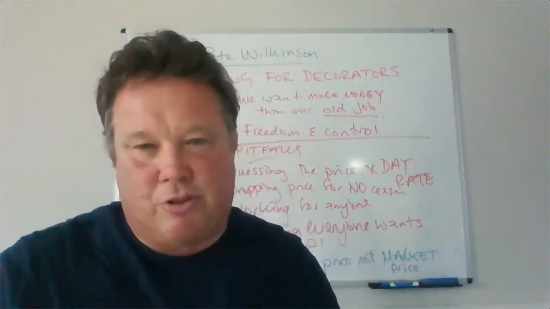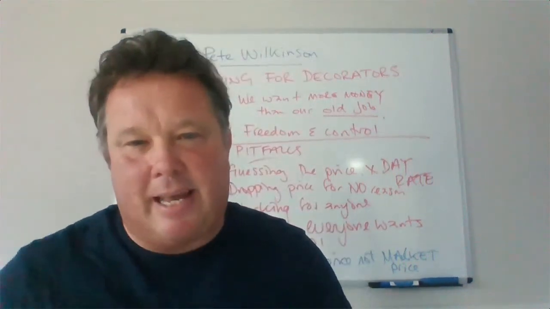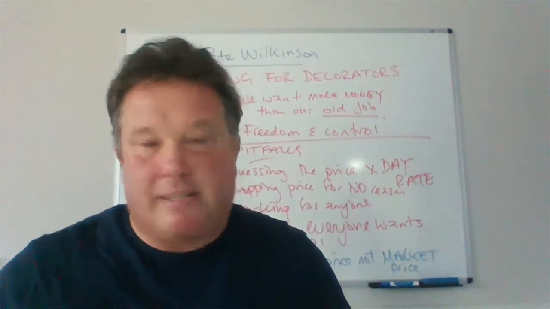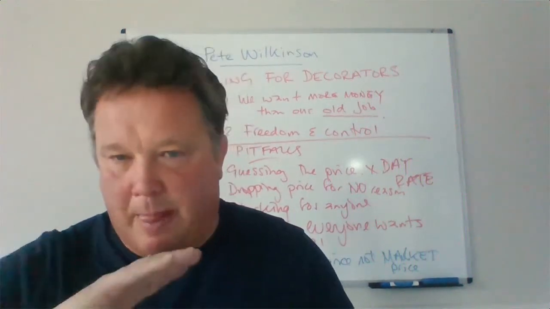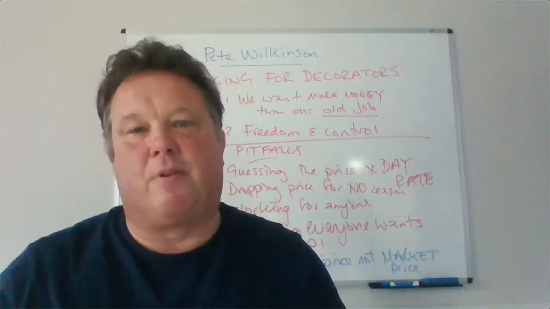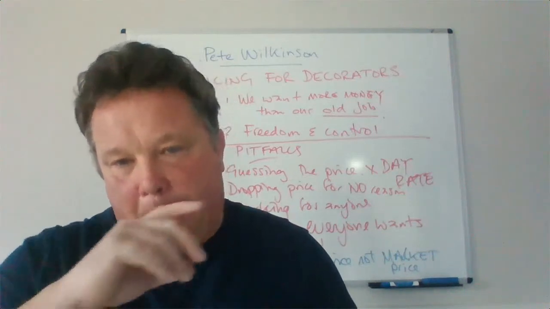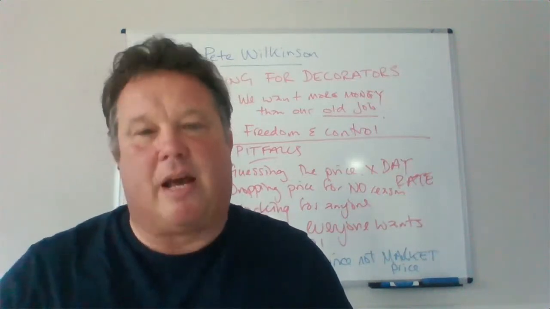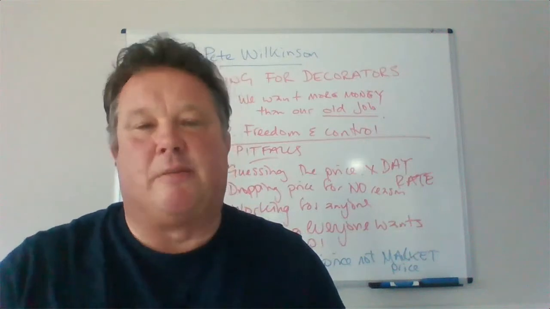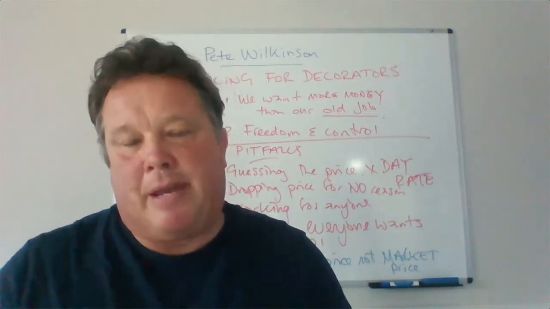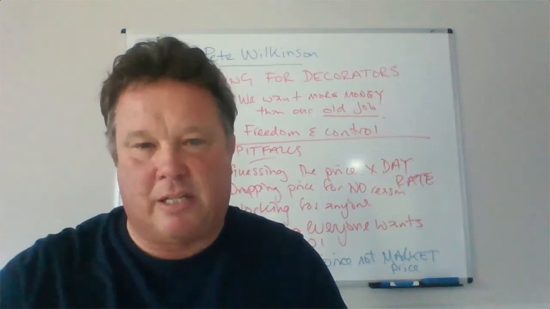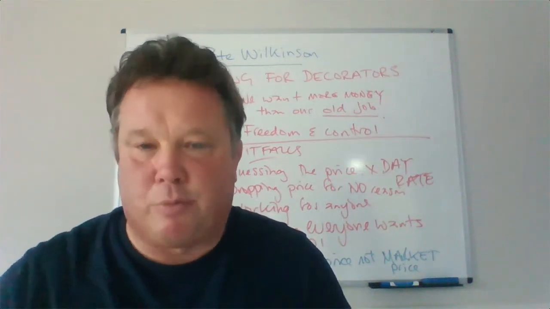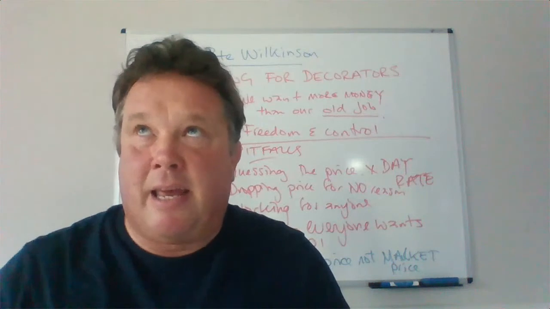So for example, painting. Let's say a 4-bed detached house, brand new, bare plaster, bare wood, you're giving a price to paint it. Now, the cost price for doing that, if you just pay yourself wages and buy the paint, might be, let's say 2 weeks. I'm just making this up as I go along. 2 weeks, so 1,200 quid plus paint, let's say 300 quid.